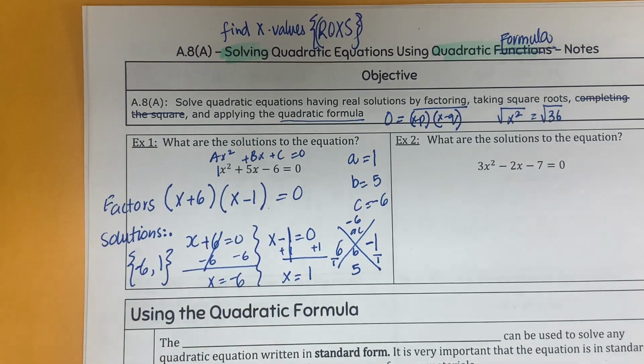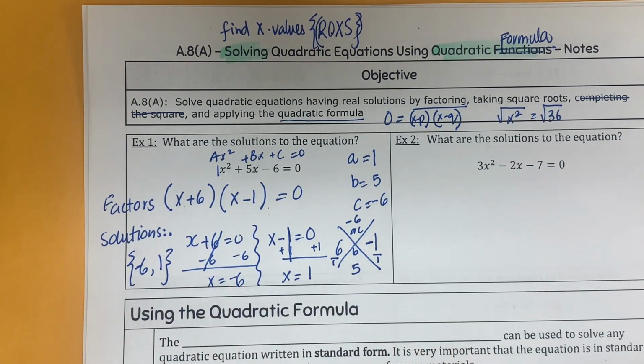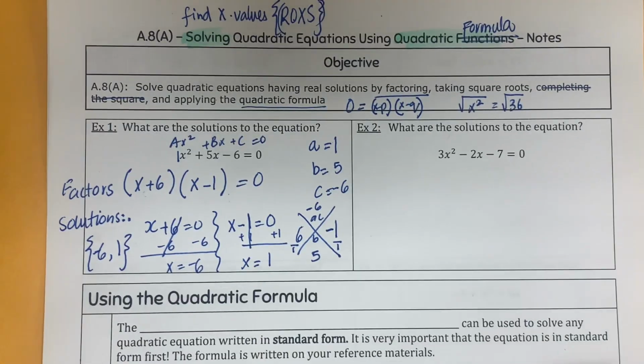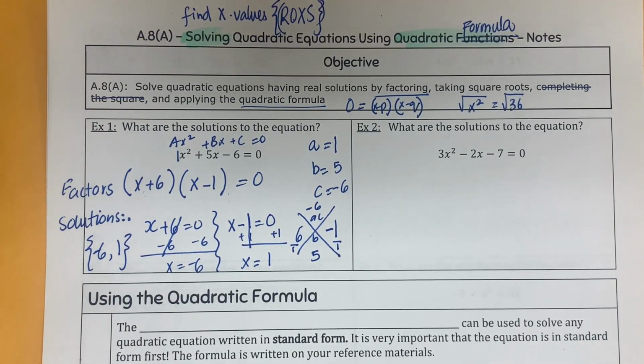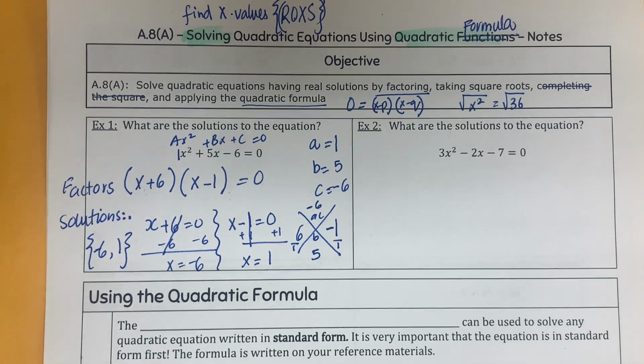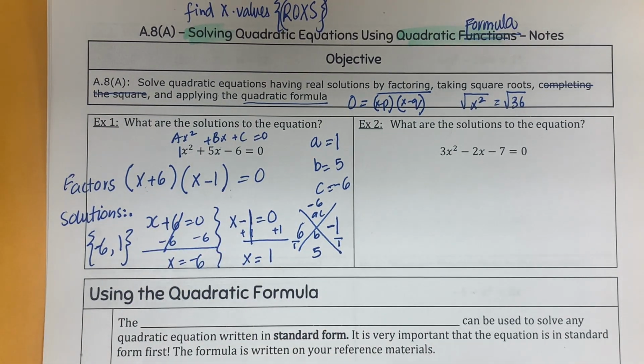In this question, I was able to use the x puzzle and factor it, and I have the x-intercepts or solutions. So why should I use the quadratic formula, which actually looks a little complex? I should not. You should not either.